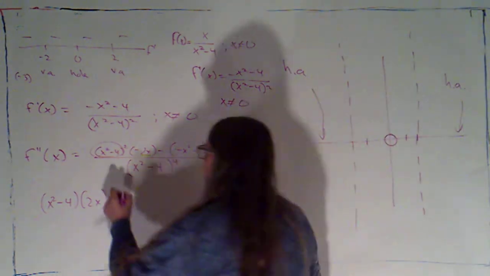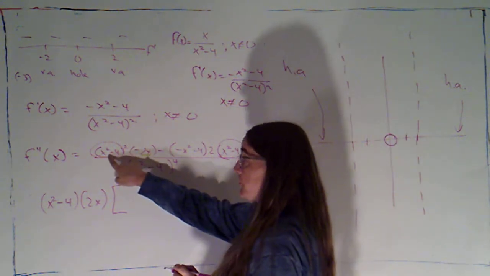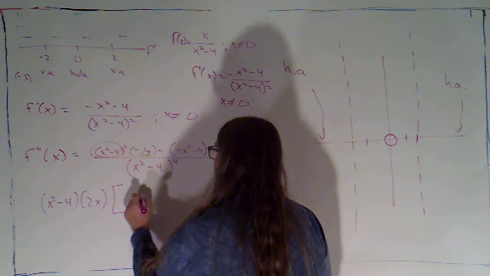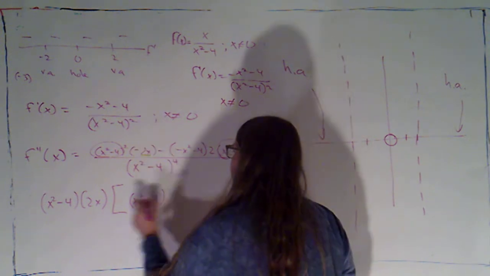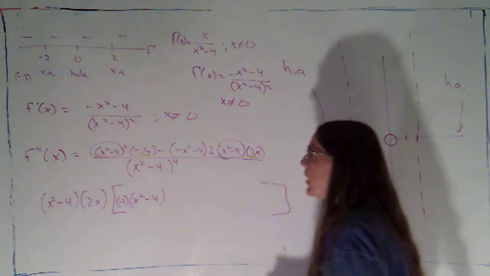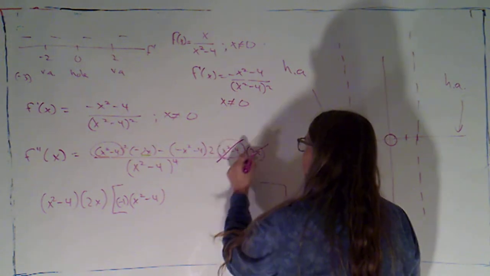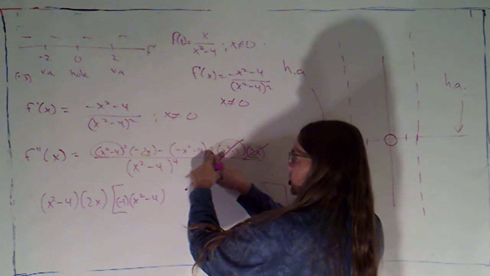Okay. So all of that is multiplied by. Now here, I had 2 factors of x squared minus 4. I only pulled out one of them. So I'm going to have x squared minus 4. I pulled out that 2x, but not that negative. So that's times a negative 1. Okay. And now I've pulled out this and this. So I'm just going to distribute the negative and the 2.